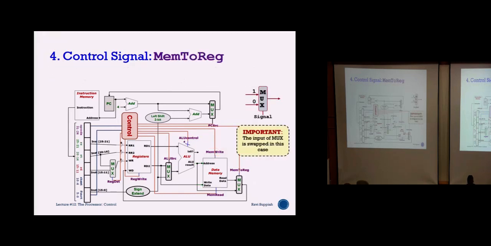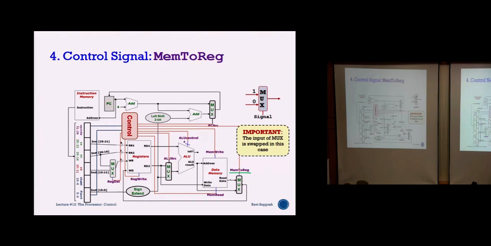So this is important here: the mem to register. The mem to register also has a multiplexer here. But this multiplexer is to do what? It is to decide whether the output that I'm interested in is coming from the ALU block or from the memory.